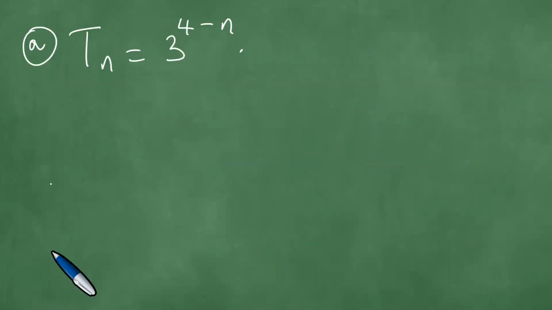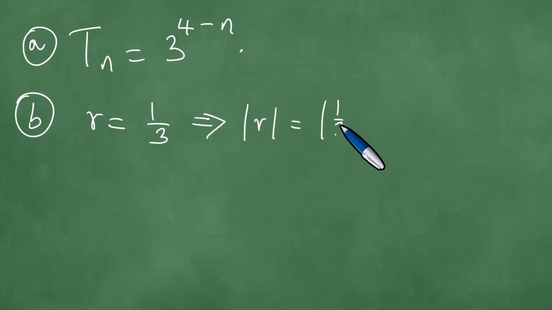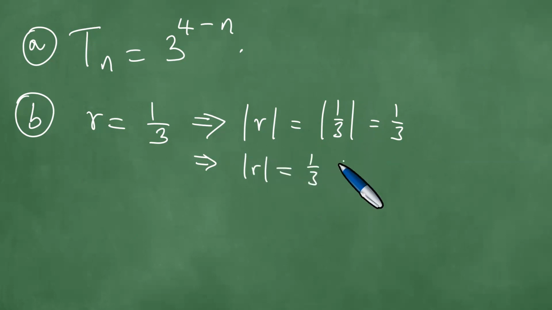So that in part B, the constant ratio is 1/3, and this implies that we can get its absolute value. The absolute value of 1/3 is actually just 1/3, and this means that the common ratio has the modulus 1/3. 1/3 is strictly smaller than 1.